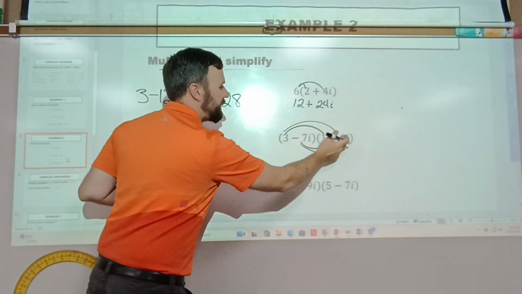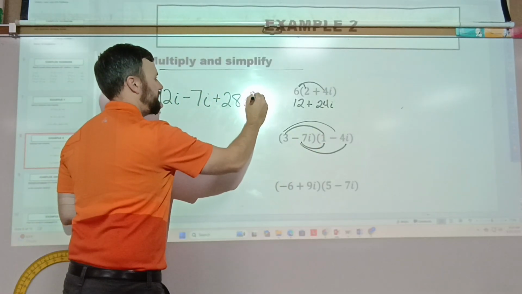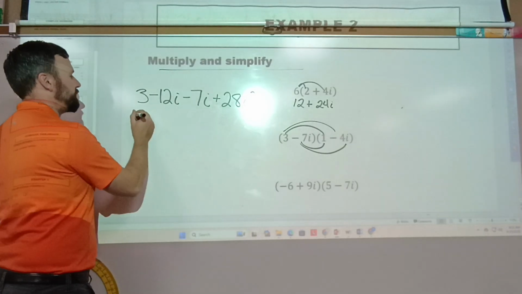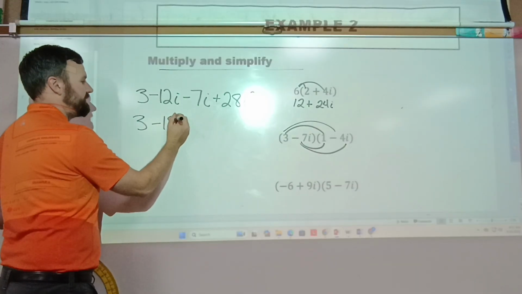And then what's i times i? i squared. So I told you guys we have 2 of the 3 rules we got to know right now. Number 1 is i squared is negative 1. And the other one is treat it like a variable. So I'm going to do 3 minus 19i.